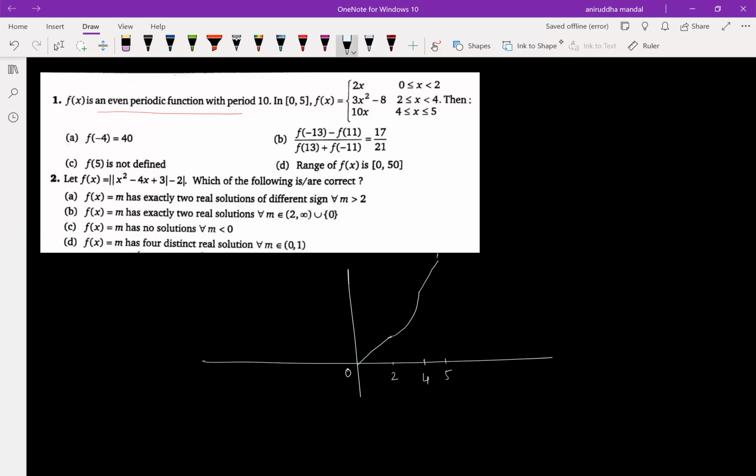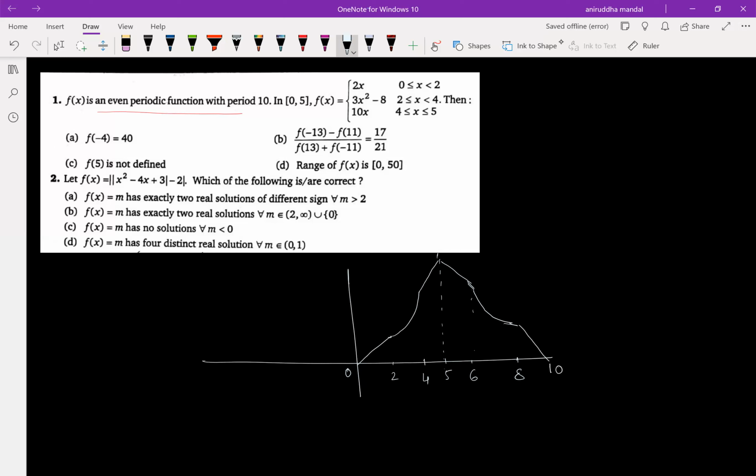If we place a mirror here, the graph is symmetrical around this line. So this is from 5 to 6, then again from 6 to 8, and then lastly from 8 to 10.